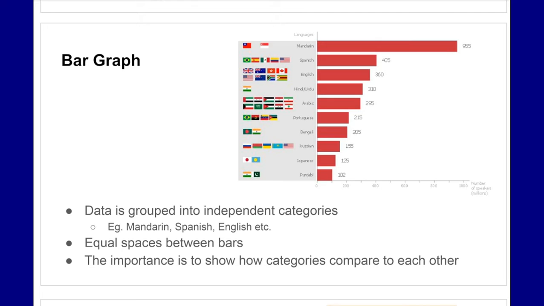In this example, where we're looking at the languages spoken and the number of speakers in the millions, we're looking at a comparison between the languages. We can see clearly in the bar graph that Mandarin is one of the most spoken, the highest spoken language based on the data, then Spanish, then English, then Hindi and Urdu, and so on. So we're seeing a comparison between these different categories, and it's an easy way to visually see that.